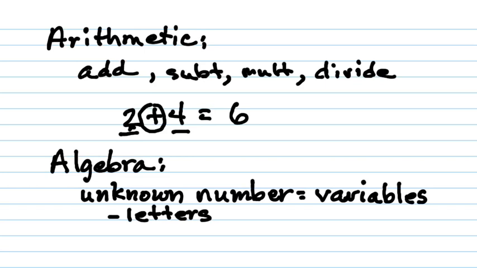Now, when we introduce the variables or the letters, what happens is we have more things to use when we're writing our mathematical sentences, right? So we have to start thinking a little bit differently than just arithmetic. So what we have now is what are called terms.